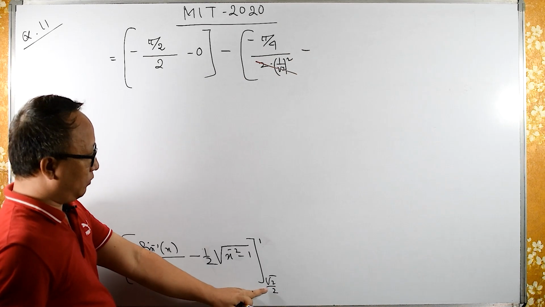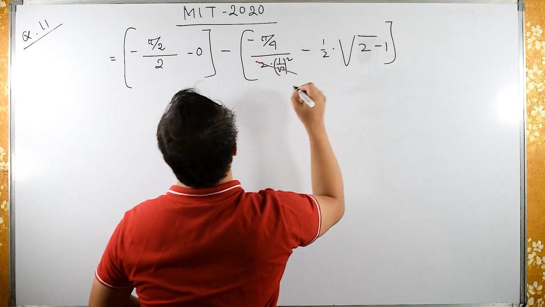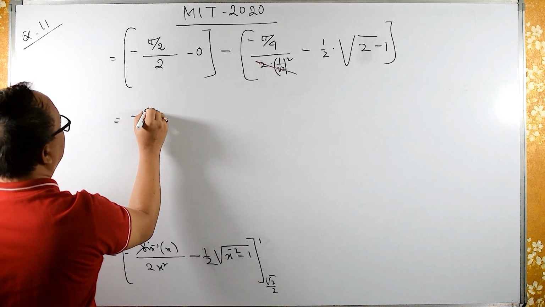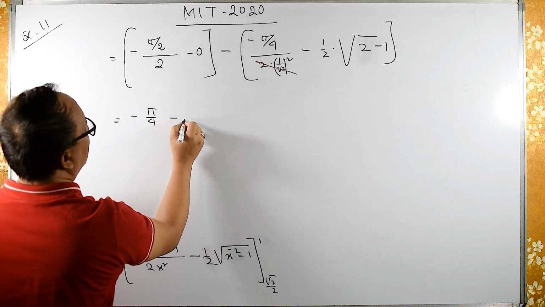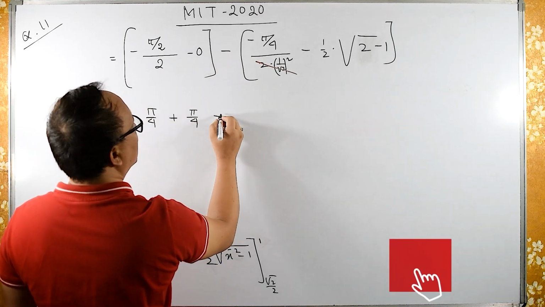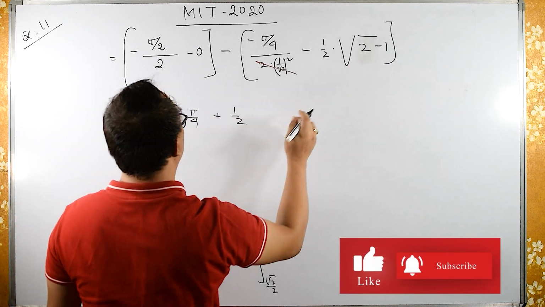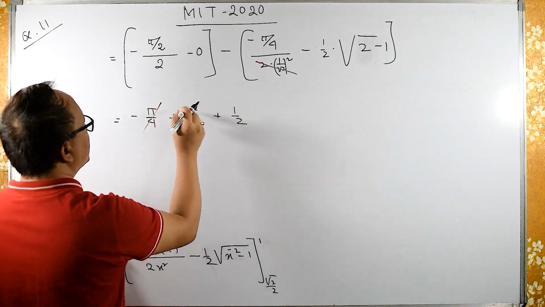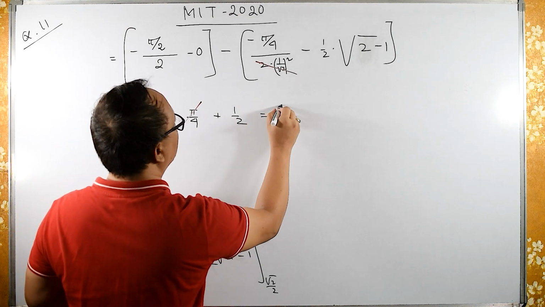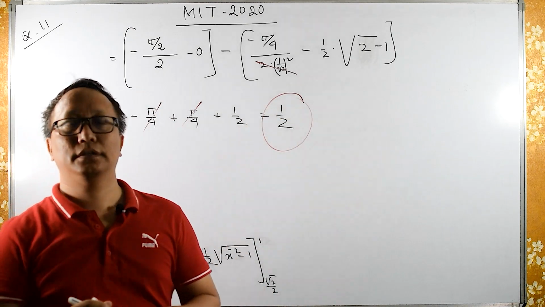Now if I substitute 1 by root 2 over here, so 2 minus 1 is equals to minus pi by 4, here minus minus plus, plus pi by 4 minus minus plus half. So 2 minus 1 is 1, these 2 get cancelled, so we have only half. It is the required answer.